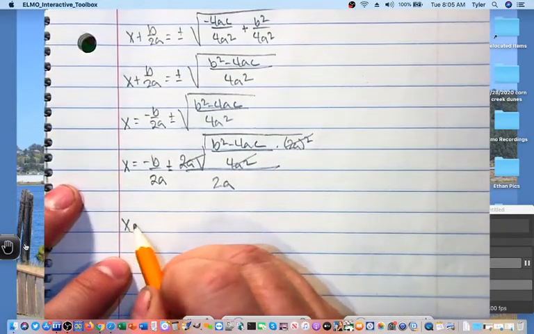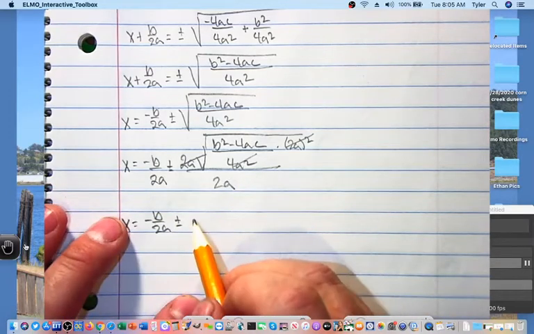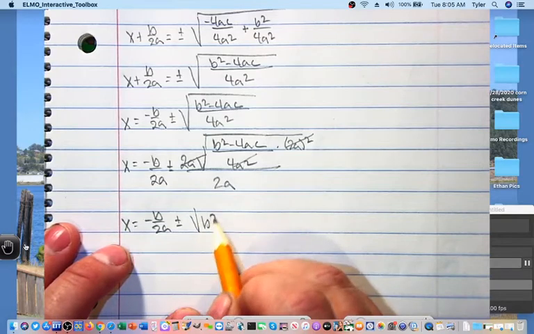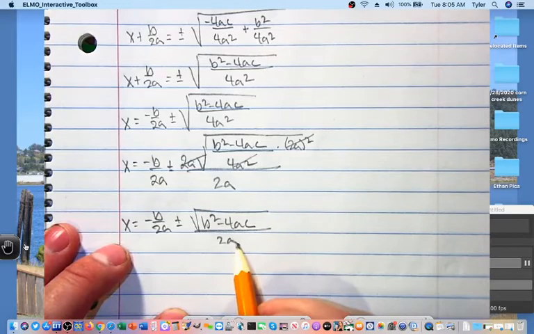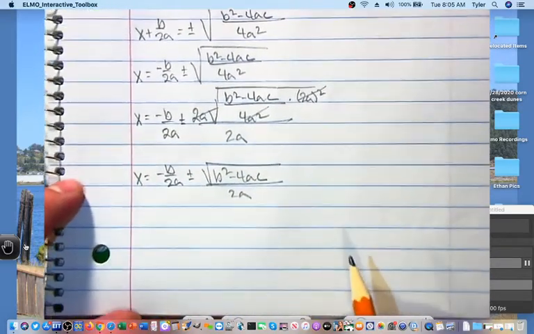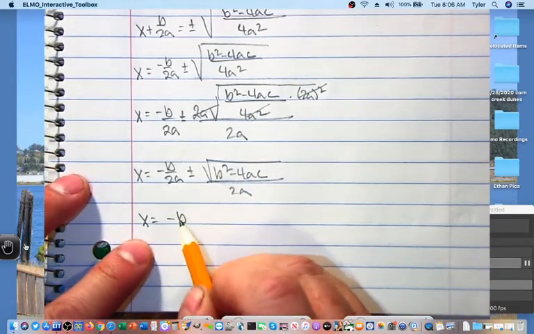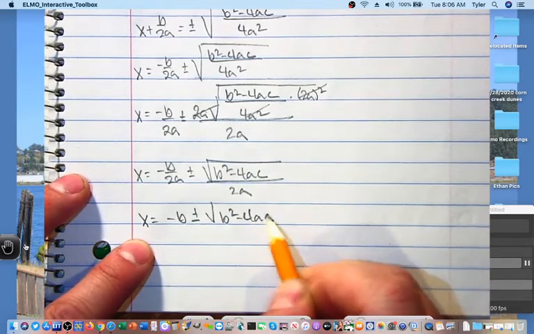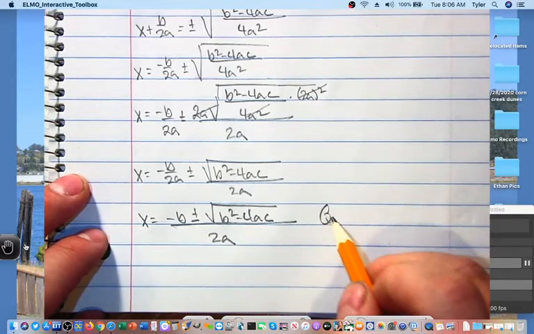We get x is equal to a negative b over 2a plus or minus the square root of b squared minus 4ac over 2a. Now that those have the common denominator we're looking for, we can write them as one large fraction. X is equal to a negative b plus or minus radical b squared minus 4ac all over 2a, and that is the quadratic equation.